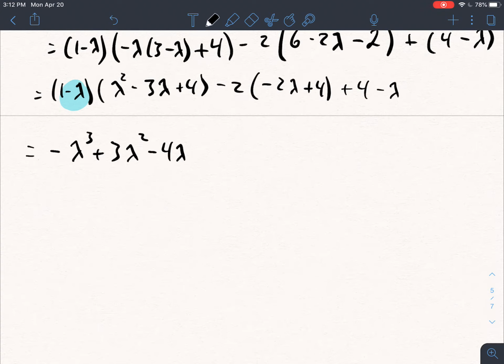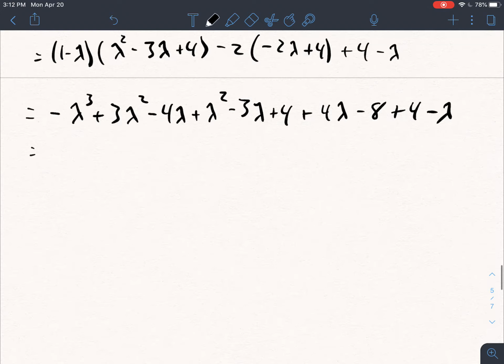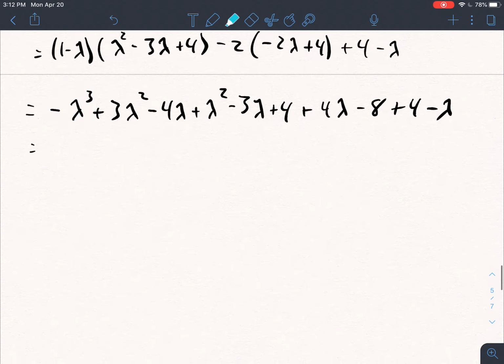Negative lambda cubed plus 3 lambda squared minus 4 lambda. Okay, and then we distribute the positive 1 to everything next. So plus lambda squared minus 3 lambda plus 4. Now I'll distribute this negative 2. So I get plus 4 lambda minus 8 plus 4 minus lambda. Okay, let's combine like terms. Negative lambda cubed, that's the only cubic term here.